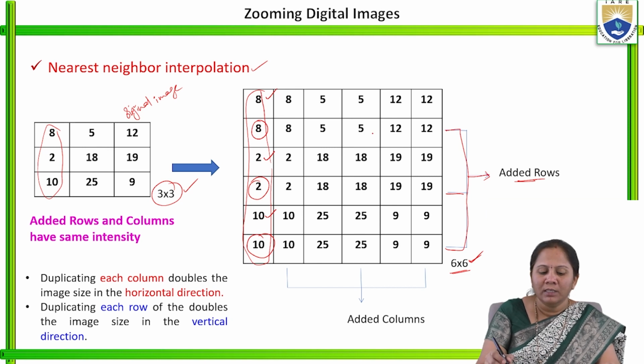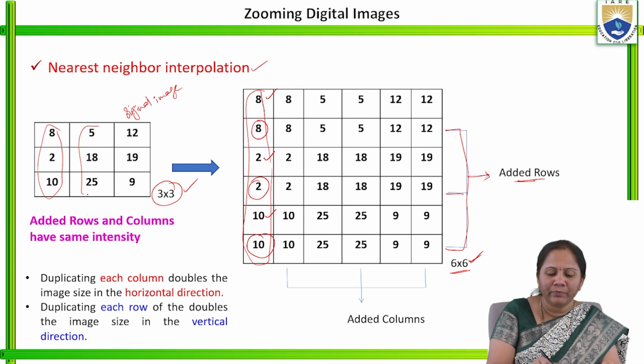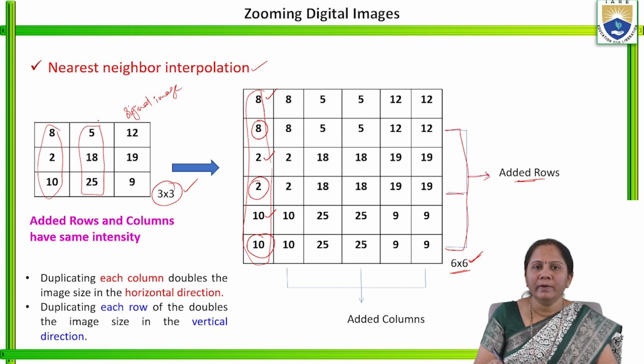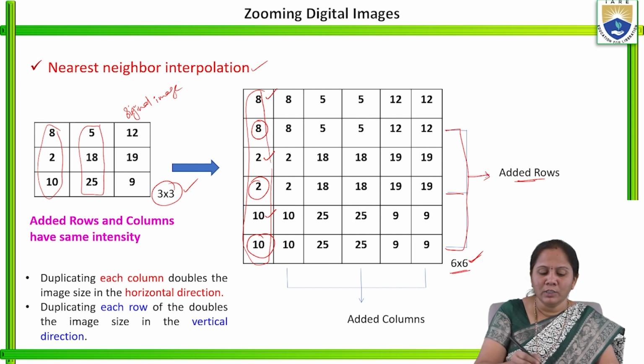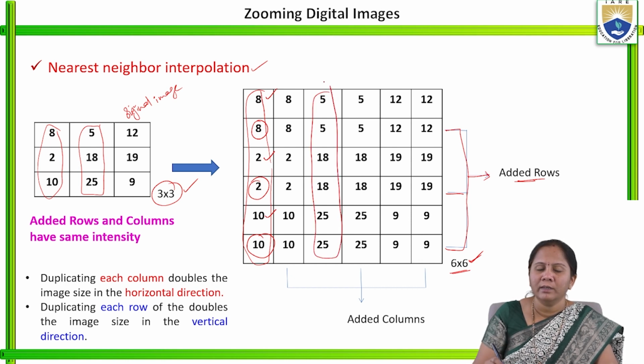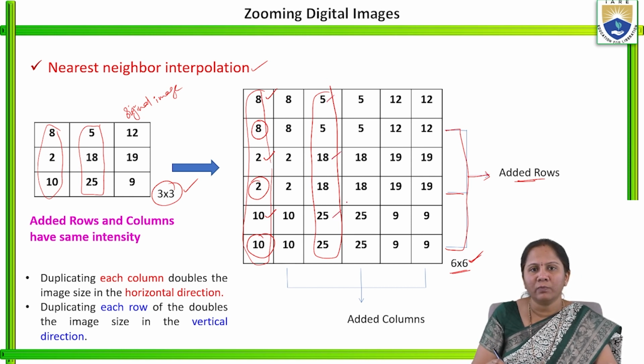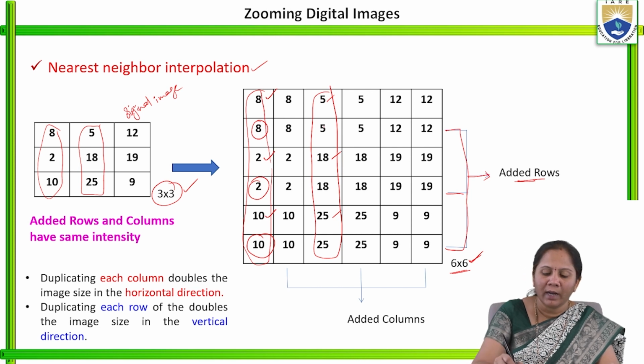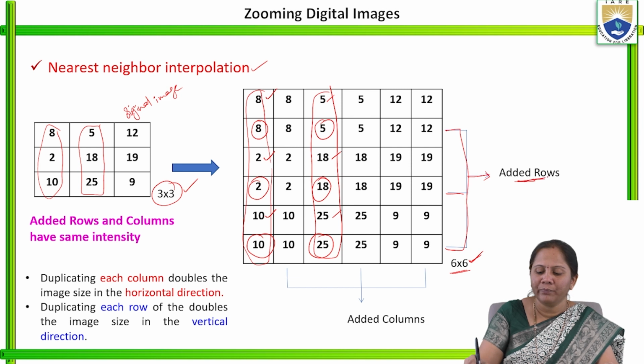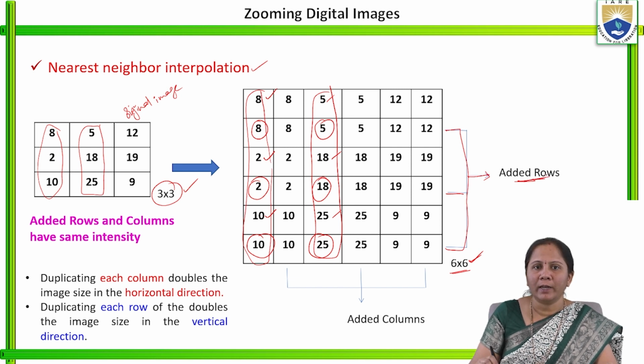And similarly here, 5, 18 and 25. In the original image, we can see 5, 18 and 25. These are from the original image, and this 5, 18 and 25 are the duplicate intensity values which are being added.